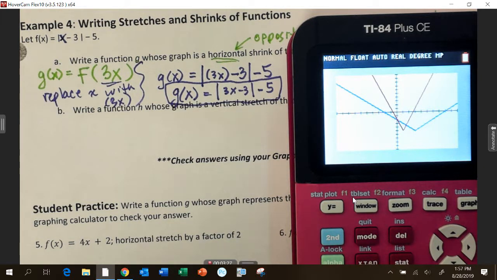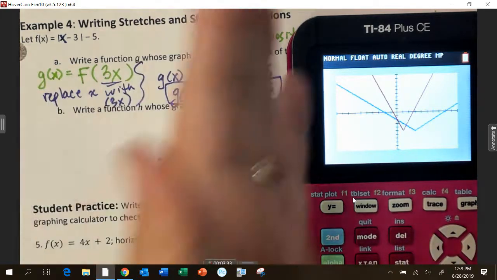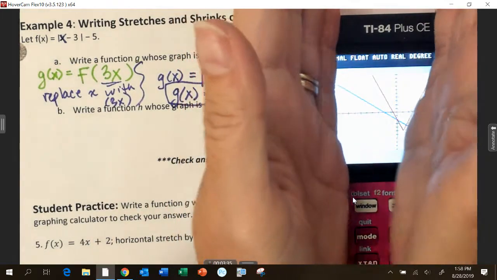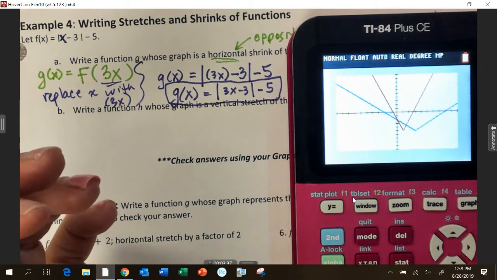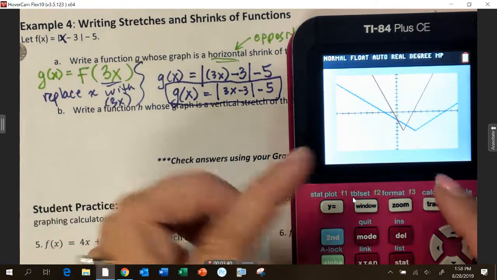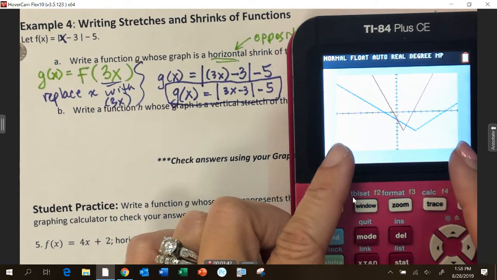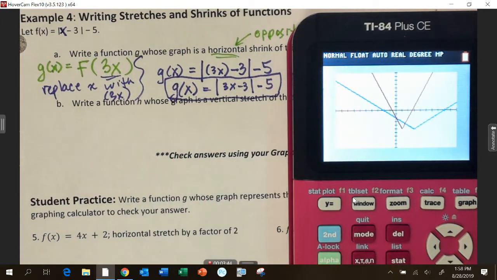Yep. Now, about where it moved, it's because when it squished in, it was like getting closer to the axis. So I wouldn't worry too much about that part. We're just beginning. I'd worry mostly if you're checking it, just that it looks like it shrunk. Okay.